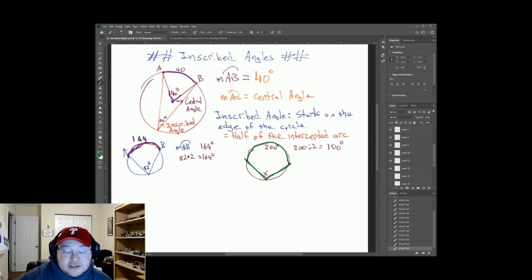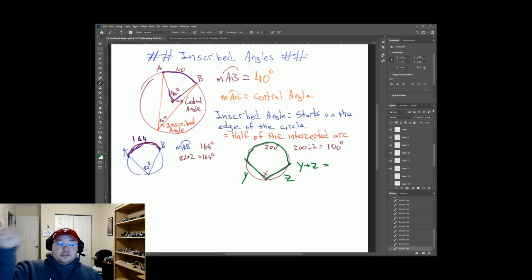I might also ask you sometimes, not a question like this, but what if I wanted to know if this was y and this was z? What is y plus z equal to? On a question like that, you just got to remember that full circle is 360 degrees, a half circle is 180.